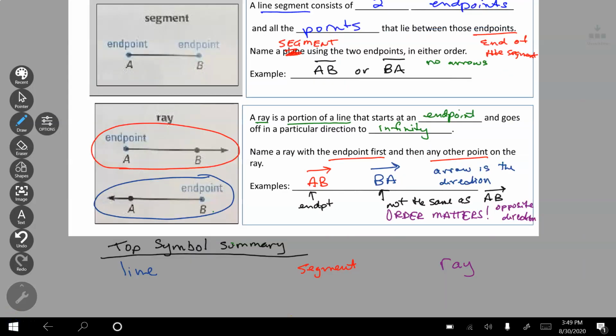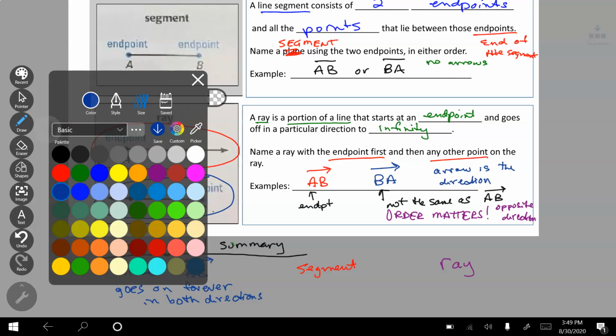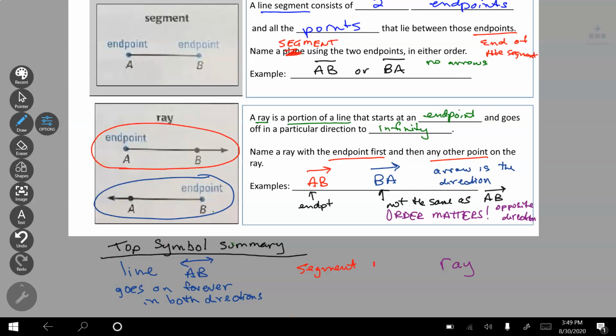So let's talk about the difference when we use these little symbols on top of letters. A line, I put AB with a line symbol. That means it goes on forever in both directions. That's what happens with a line. The next one, let's call it segment AB, has 2 endpoints.